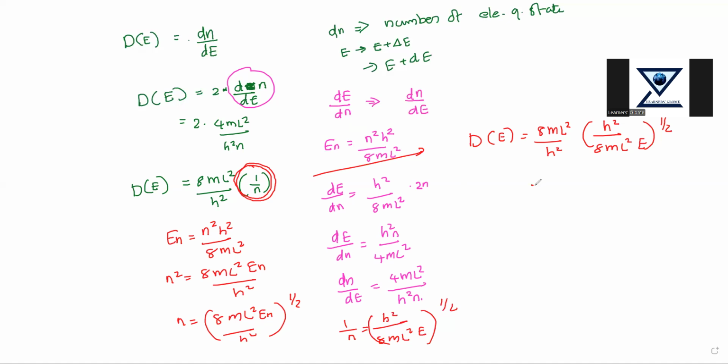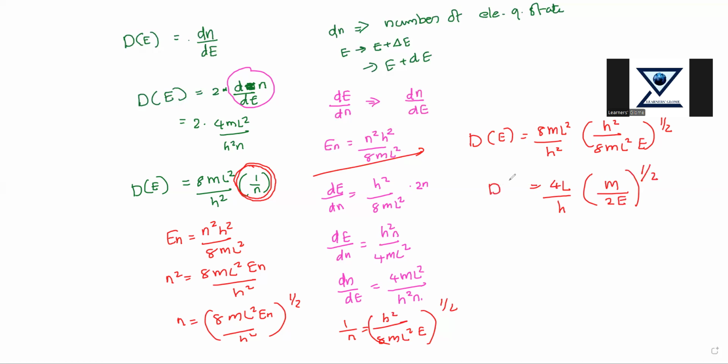Then rearranging the equation, m is cancelled, and we can write 4L divided by h, because taking the root of h square gives h, and root m by root 2 into root m by 2E all raised to 1 by 2.